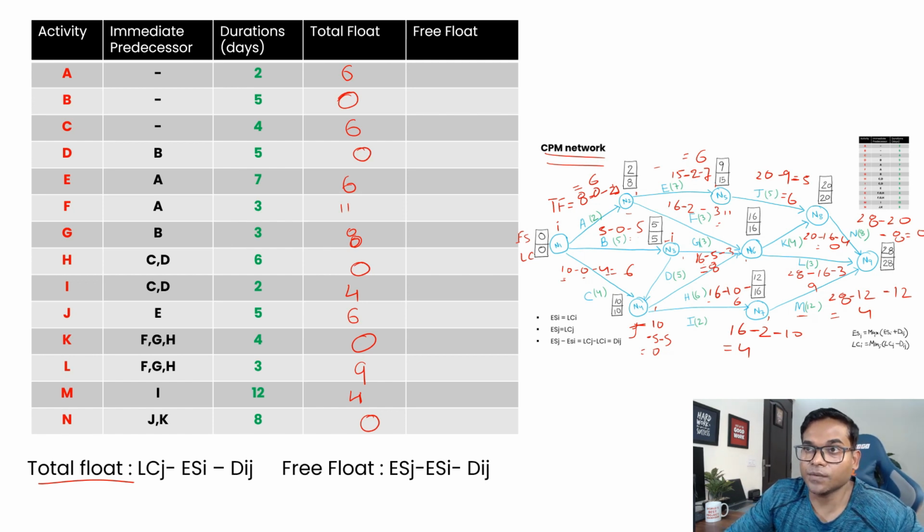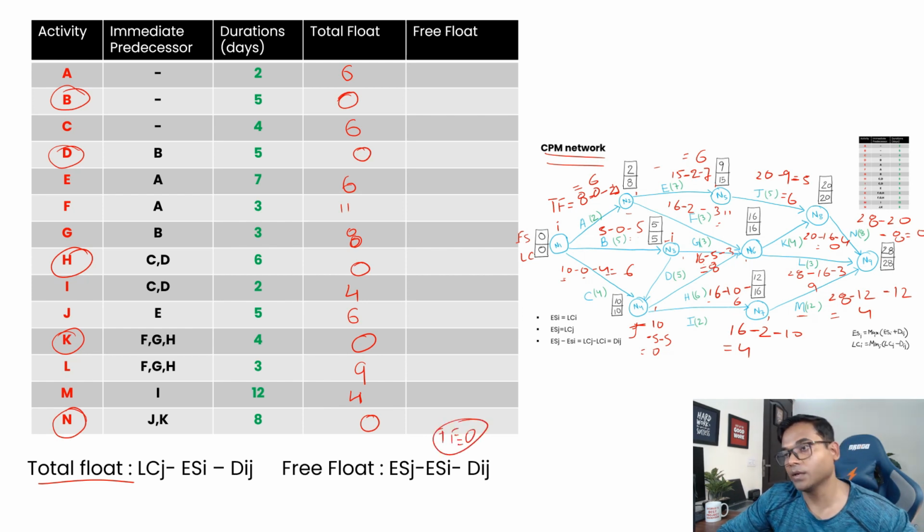Now if you see 0, B, right? And then we have the D, then we have the H, then we have K, and then we have N. These activities are all where total float is equal to 0, right?